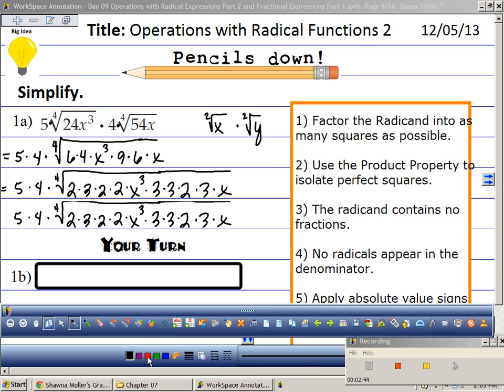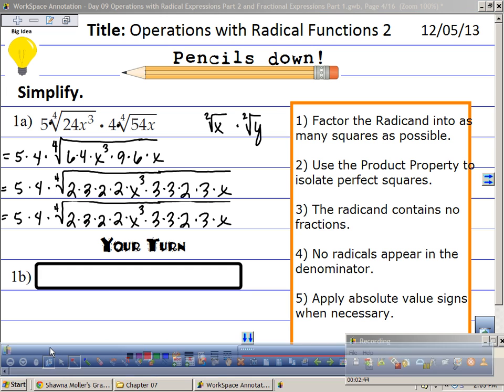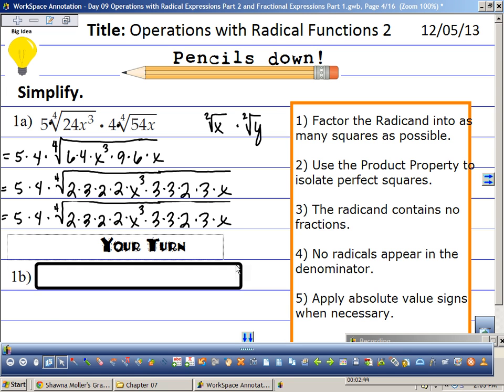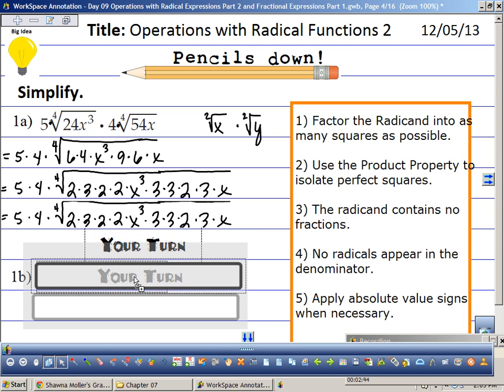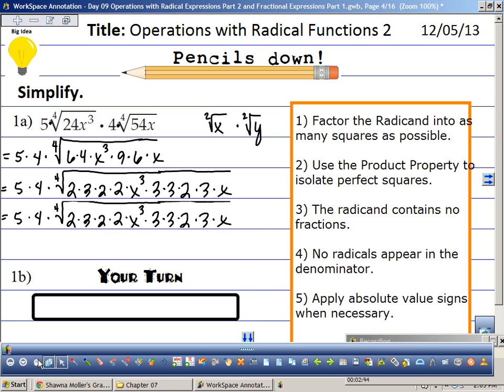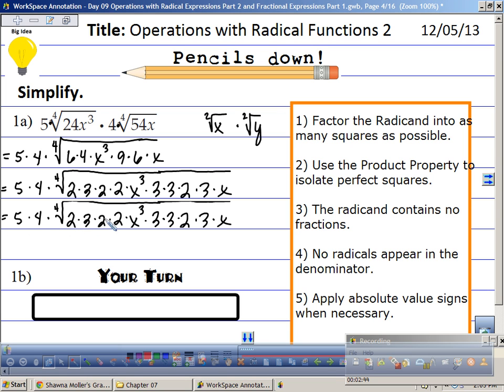All right, so I've got 1, 2, 3, 4 2s. Don't I need 4 for it to come out?